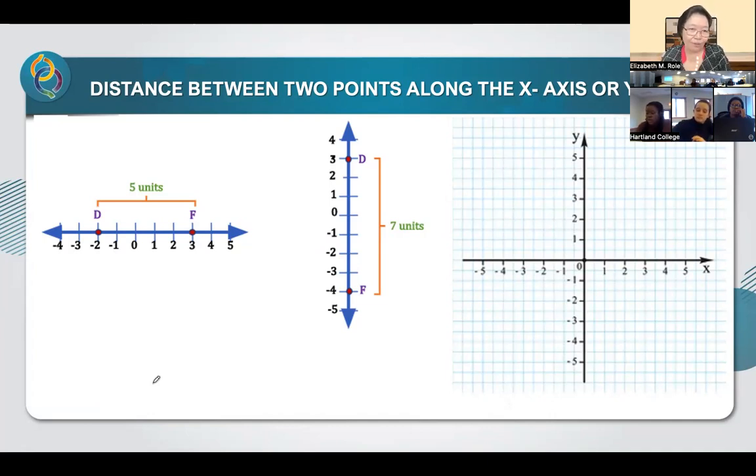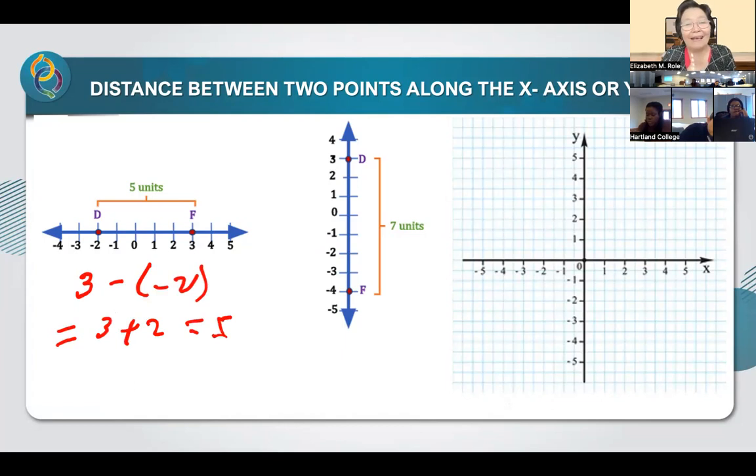So one way of doing it is 3 minus -2, which is equal to 3 plus 2, which is equal to 5. So it's just subtracting the first point from the second point.